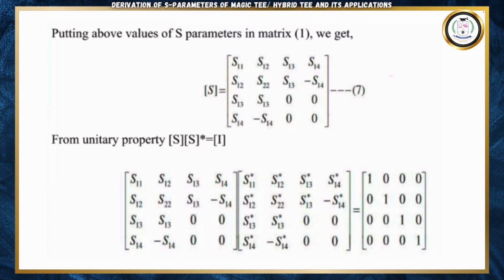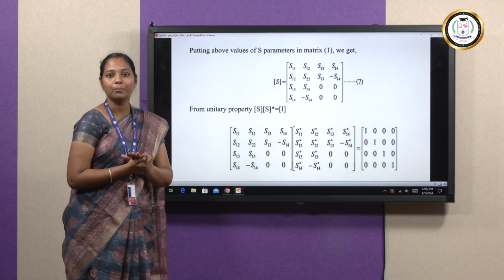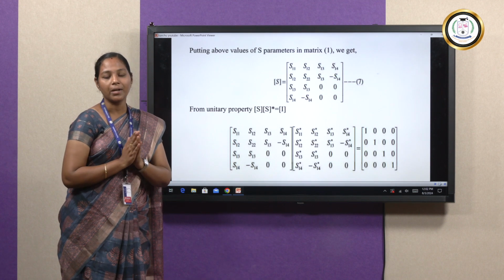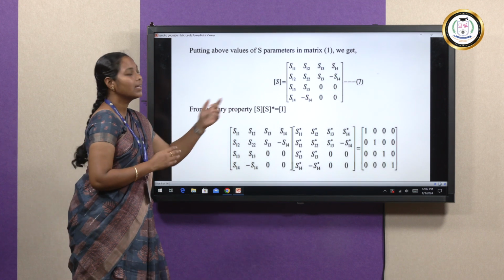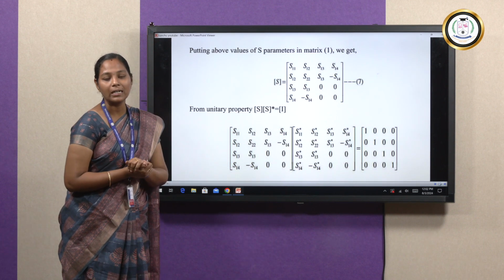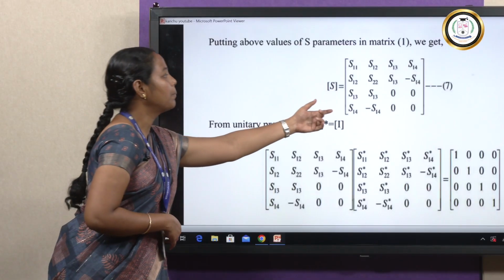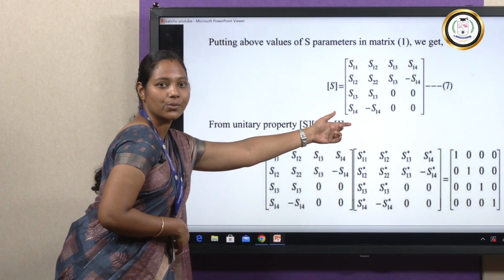We have substituted some equations and arranged them like that. Port 3 and port 4 will not give input as well as output, so S34 equals S43 equals 0. Then perfectly matched means S33 and S44 are 0. So that particular part has been written as 0, 0, 0, right?